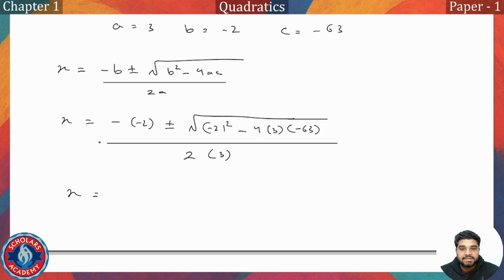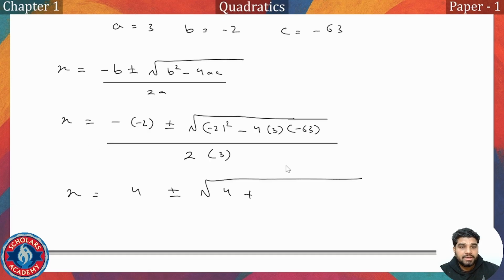So we get x is equal to 4 plus minus root of 4 minus minus plus, now 63 times 3 times 4.